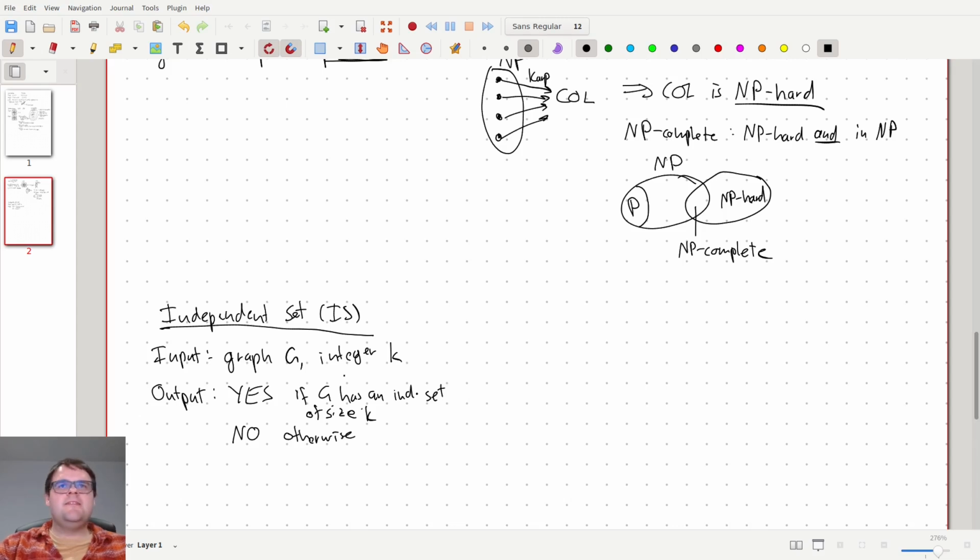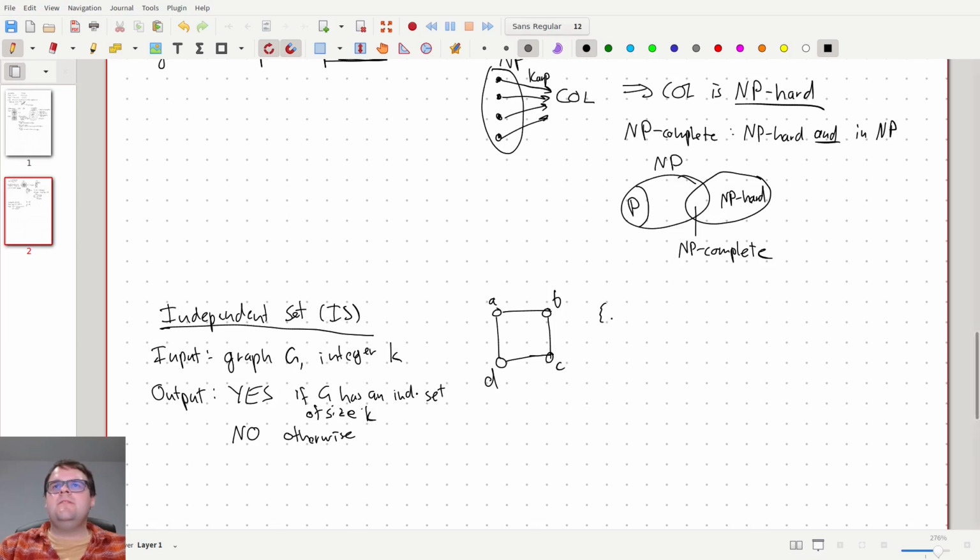So what's an independent set? If we take this graph as an example, it has 4 nodes or 4 vertices, A, B, C, D. An independent set is a set of nodes that are not connected to each other, so that are not neighbors.